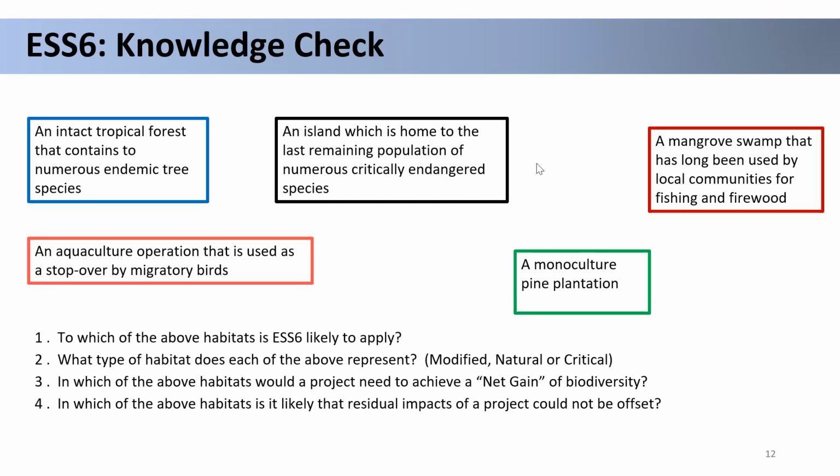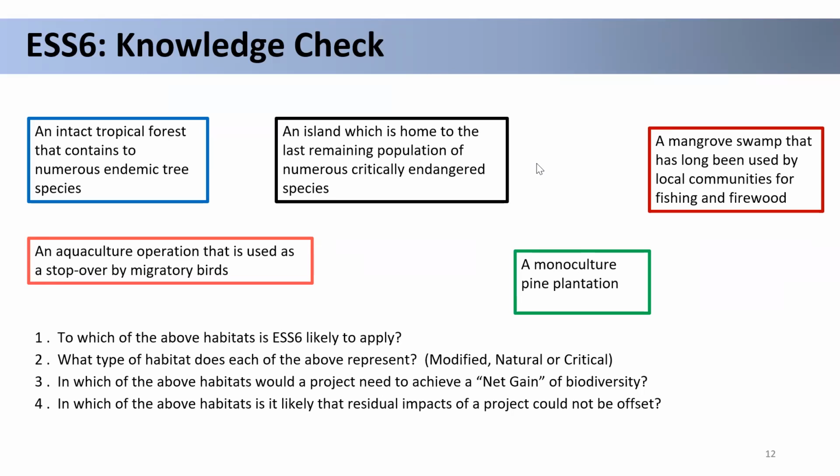So again, as mentioned before, it doesn't have to be black and white because we need data and information to support our decision. So definitely from this description, the intact tropical forest and the island that is home to endangered species could be critical. The island definitely would be critical.